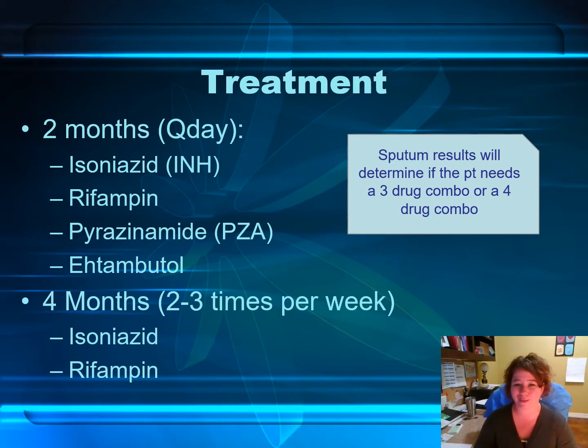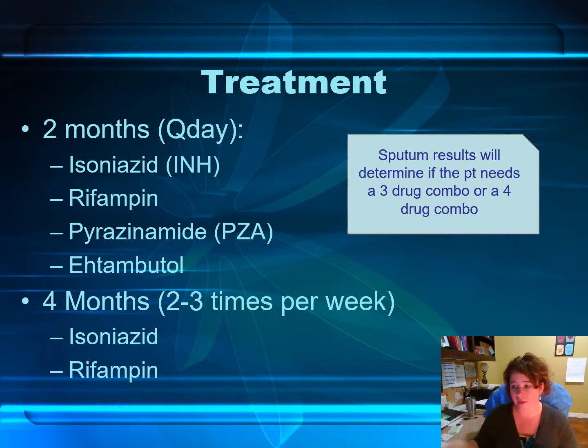There is no easy way to say that, people. So what we do is we send the sputum results off. We'll start them on all 4, and then usually once we get those sputum results back, if we're not dealing with a drug-resistant tuberculosis, we'll just keep them on the top 3, the isoniazid, the rifampin, and the pyrazinamide, okay? So we do that for a total of 2 months.